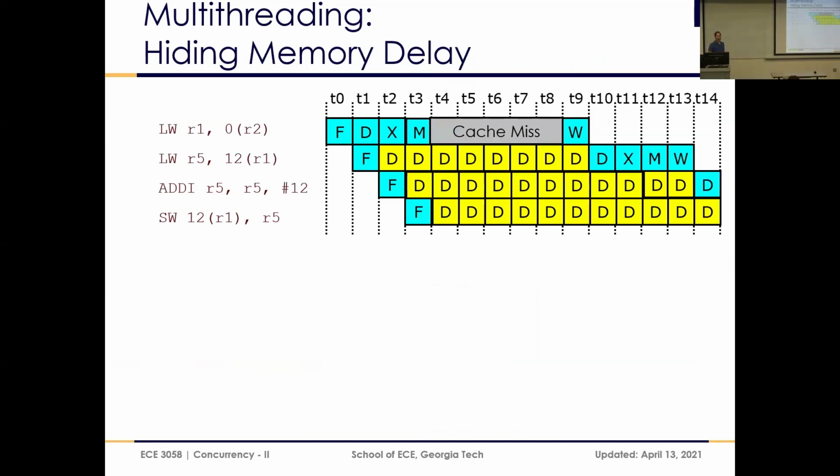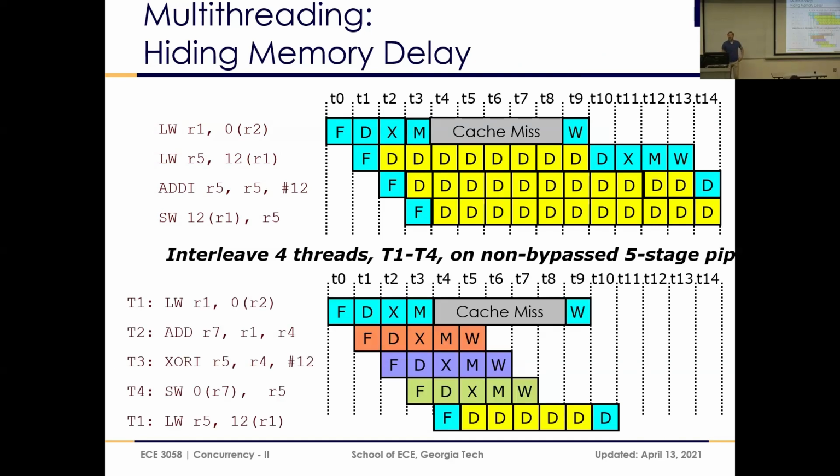All right, so if we have a cache miss, this is what happens. Cache miss is much more costly, right? We can't get around that. So there is still a situation where we might need to stall. But do we have as many bubbles floating through the pipeline here? Not nearly as many.